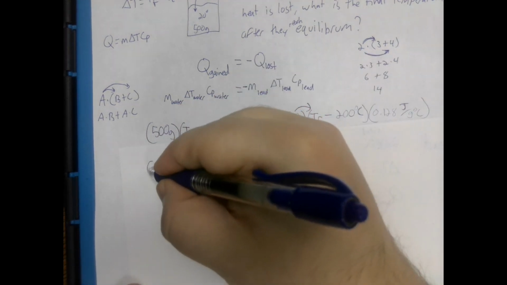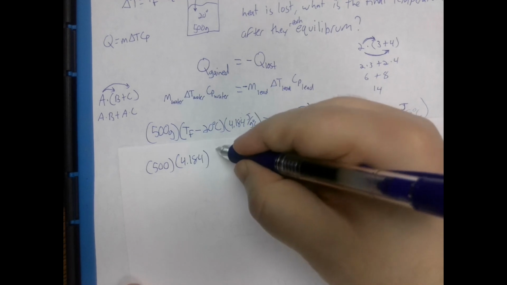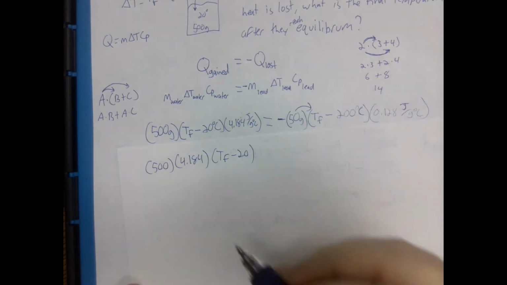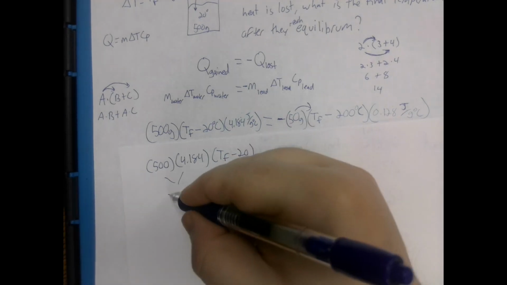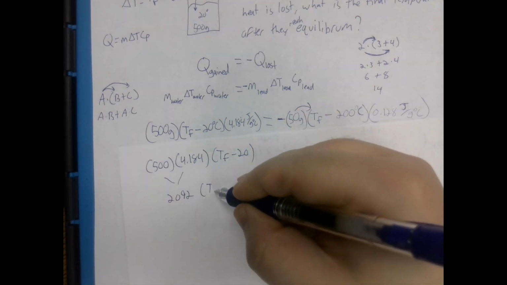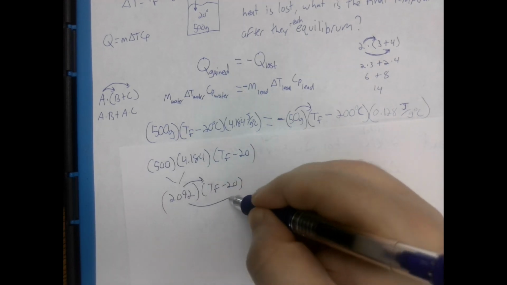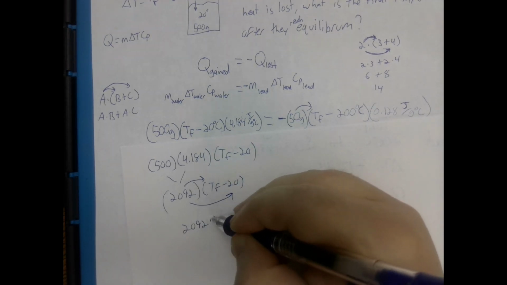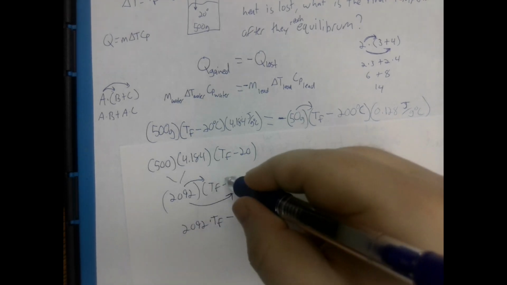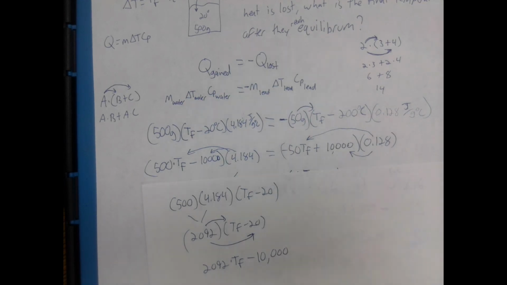So you could rearrange this as 500 times 4.184 times TF minus 20 and work out these first, which is 2092 times TF minus 20. Then you can FOIL this out, which would be 2092 times TF minus 2092 times 20, which is 10,000. And we get the same thing.